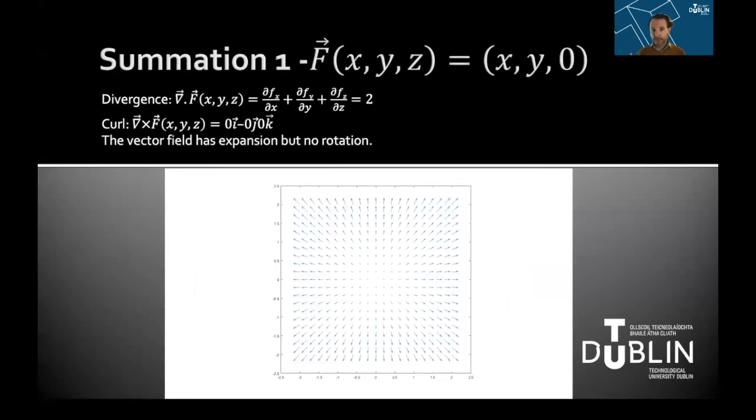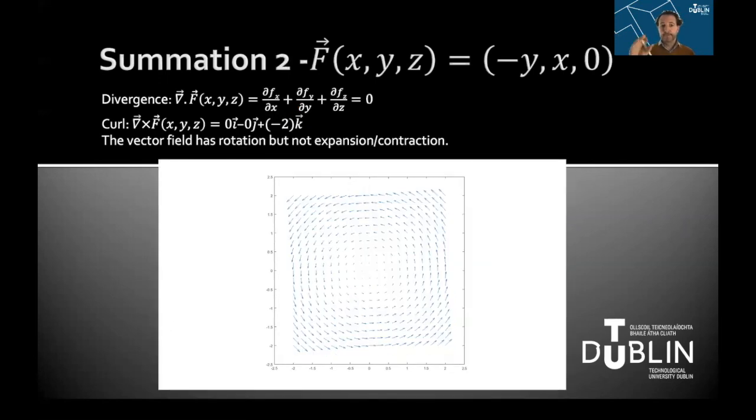So let's bring it all together. Example 1 was just x, y, and the z component was 0. That had a divergence equal to 2 and a curl of 0. So what do we know? This vector field has expansion, but no rotation. That's how you sum it up. The next one is minus y, x, 0. That had a divergence of 0, but a rotation of not i, not j, minus 2k.